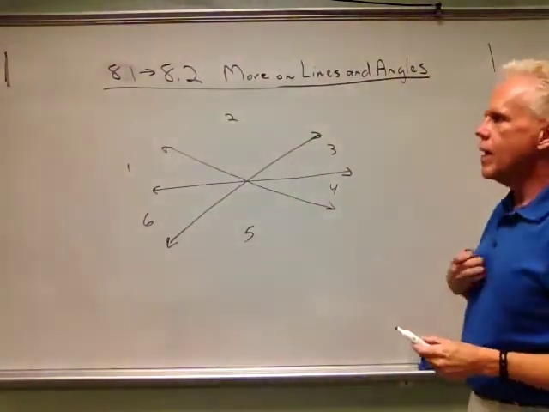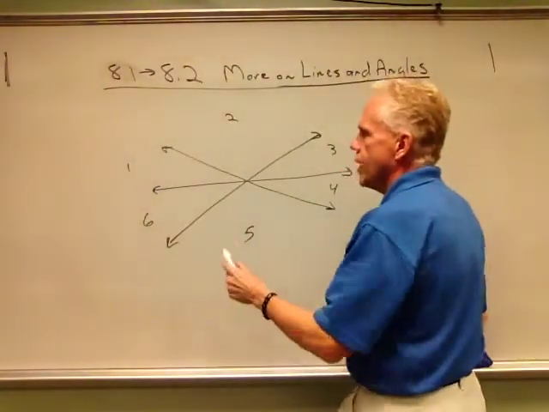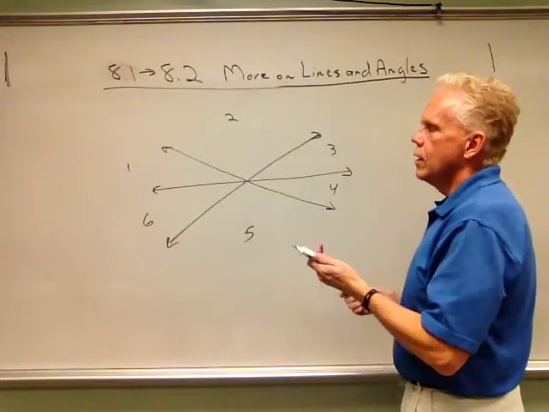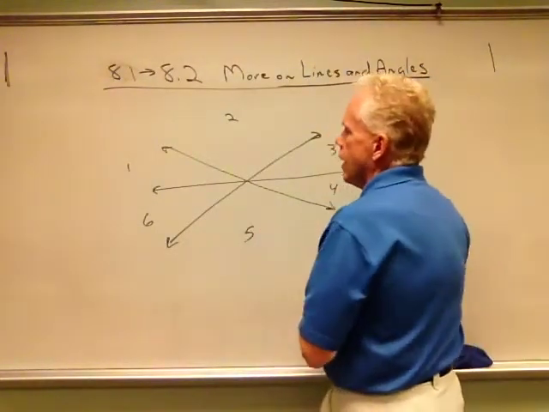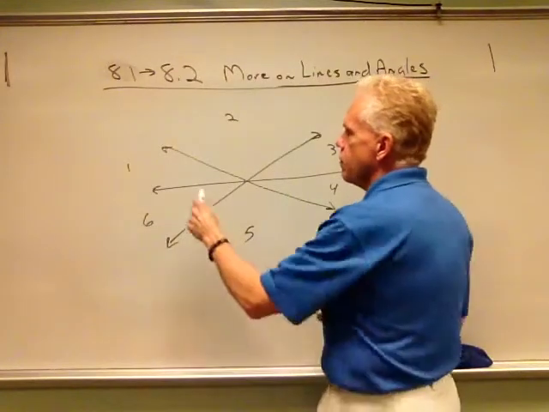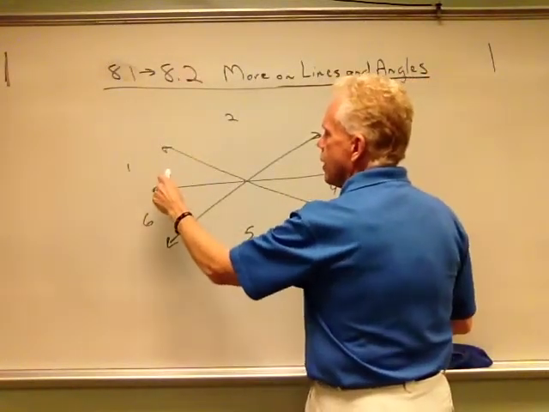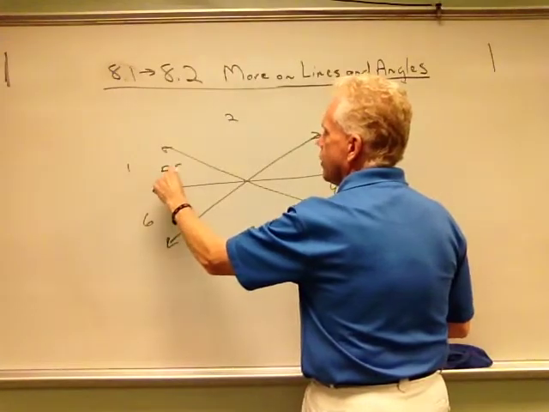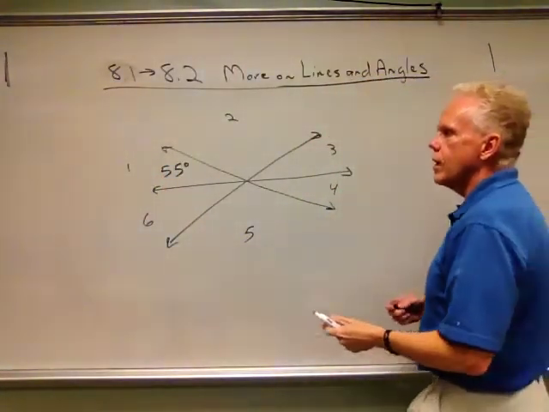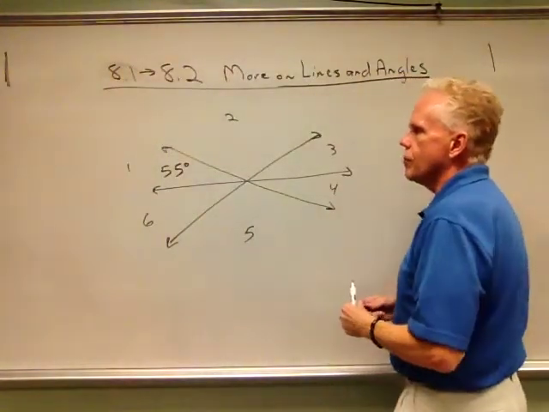Now I want to give you the measure. If I give you the measure of angle 1, let's say that angle 1 here looks like it's probably about 55 degrees. Let's call that 55 degrees. Let's give you a measure for angle 2.